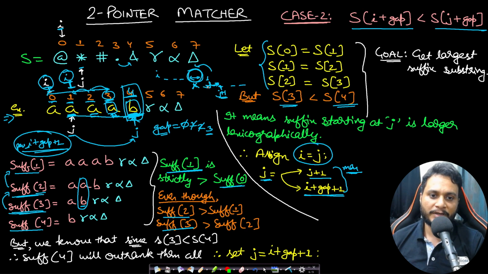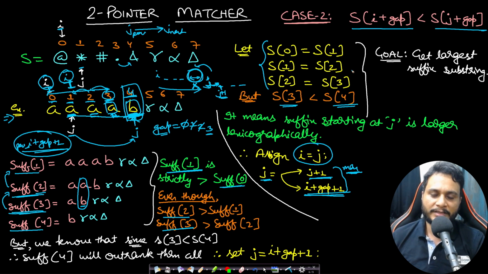If you are trying from the j location, that means you have tried all the left-hand side locations, isn't it? So in the next iteration, your j must always keep moving forward. The next j should always be at a larger index than the previous j. It should not move in the backward direction. And that is why we will take the maximum of j plus 1 comma i plus gap plus 1.